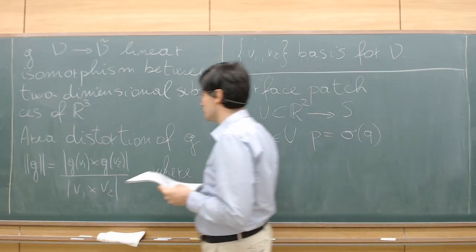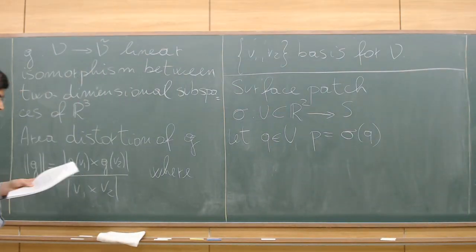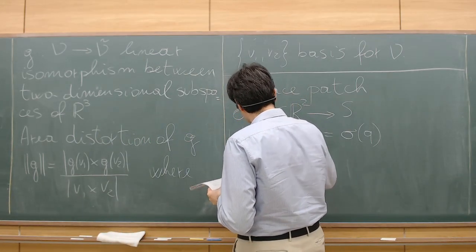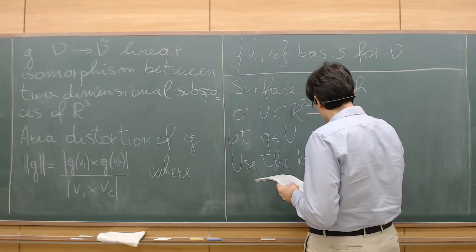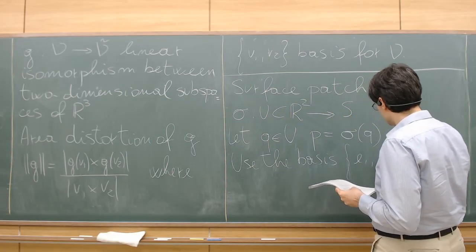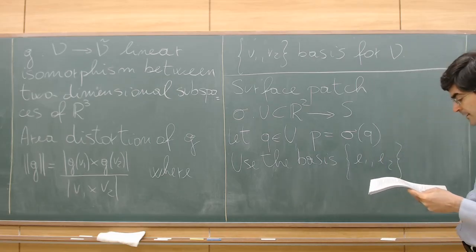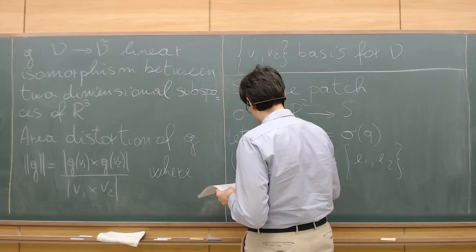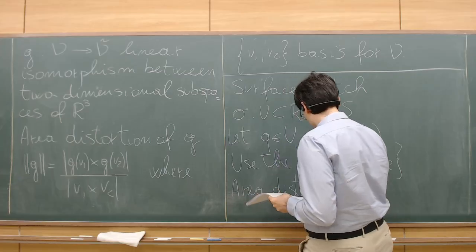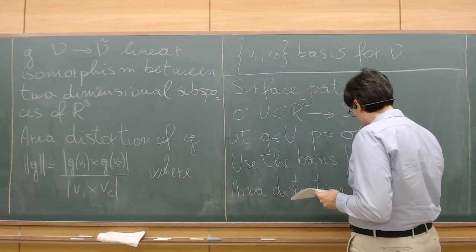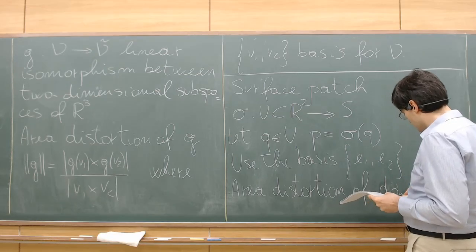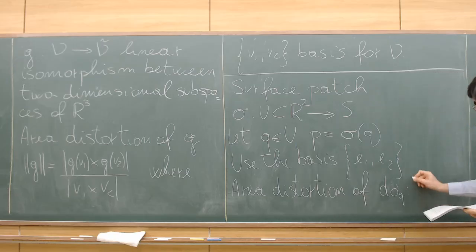Then if we use this definition for the basis E1, E2, we can compute the area distortion of the map d sigma at Q, which is defined on R2 and takes values in TPS.